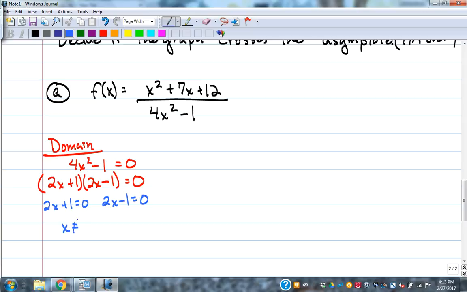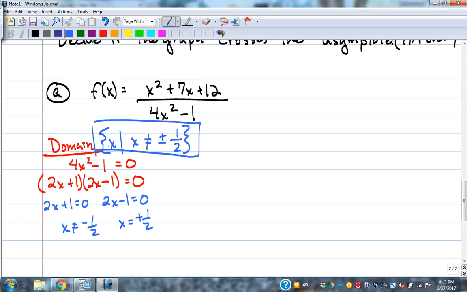So x does not equal negative 1/2. x does not equal positive 1/2. And I'm fine with you writing it in this form. The set notation instead of interval notation there is fine. You're just fine for that. All right. So there's our domain.